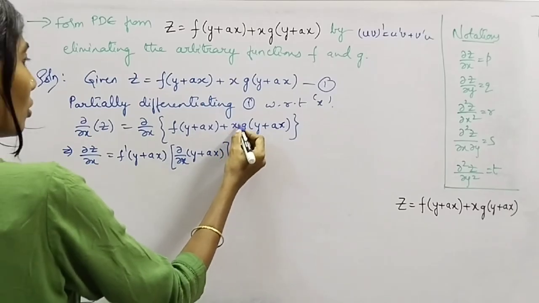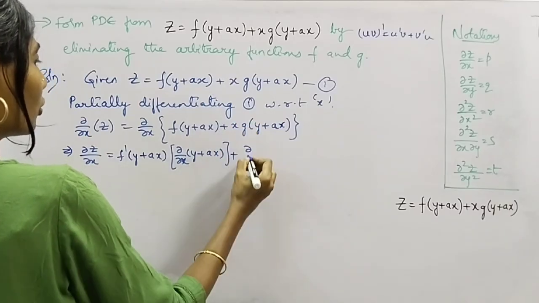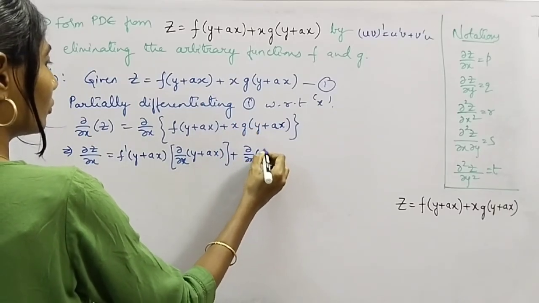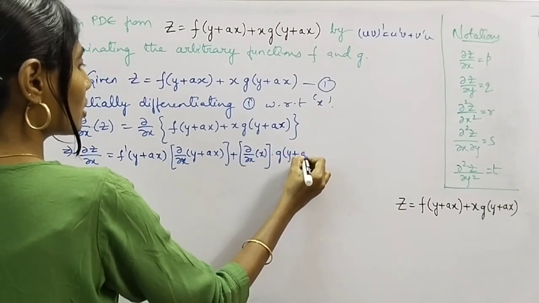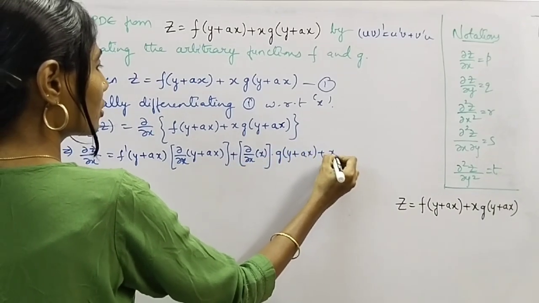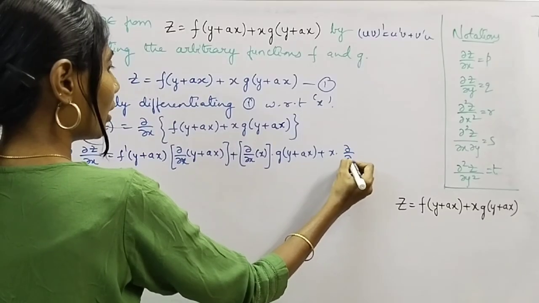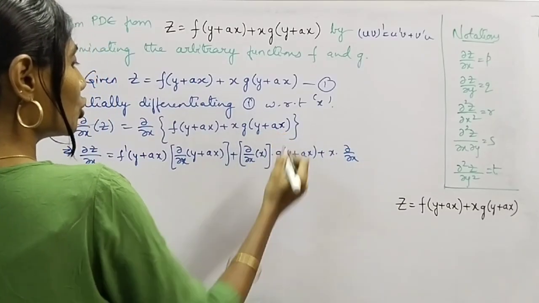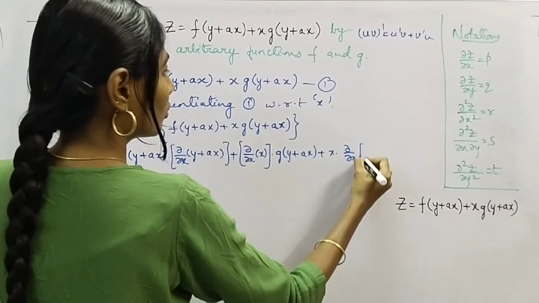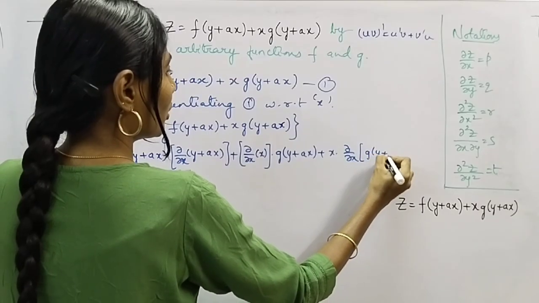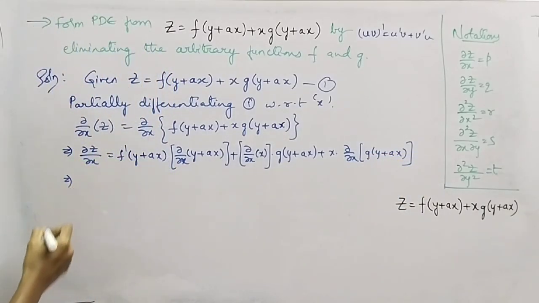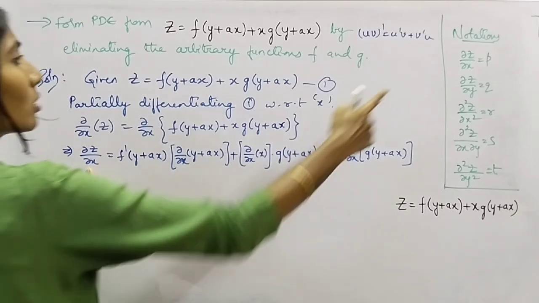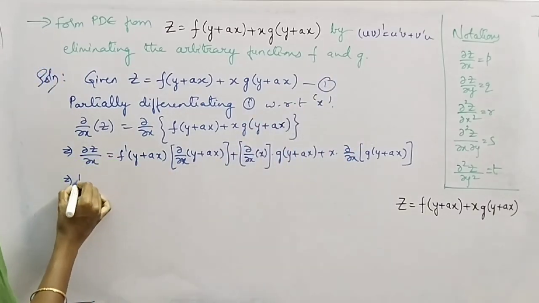So first we'll find the partial derivative of x into g of y plus ax, plus x into dou by dou x of g of y plus ax. Since we have a notation dou z by dou x is p, just replace it by p.